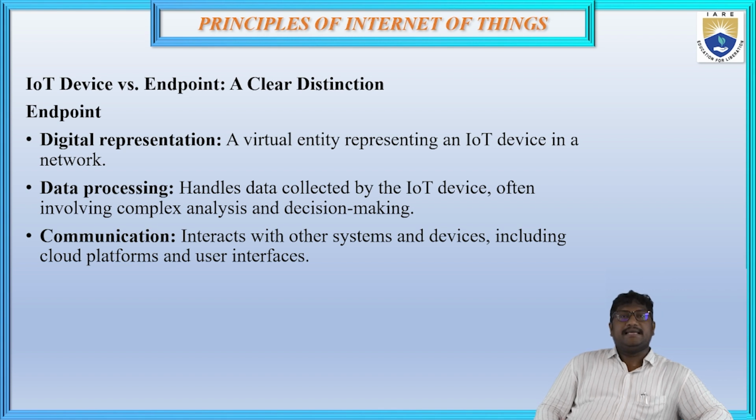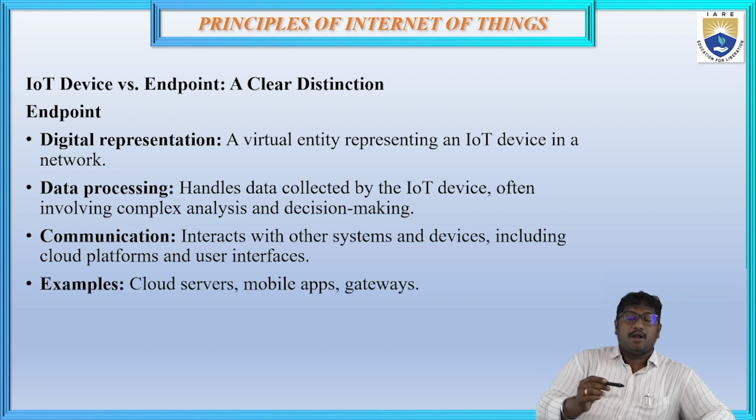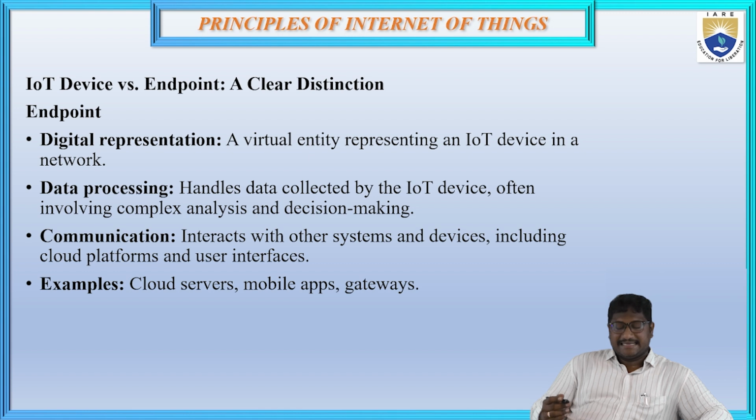Coming to communication, the endpoint interacts with different kinds of systems and devices, including cloud platforms, and there are some user interfaces for communication purposes. Examples related to endpoints are cloud servers, mobile apps, and gateways.